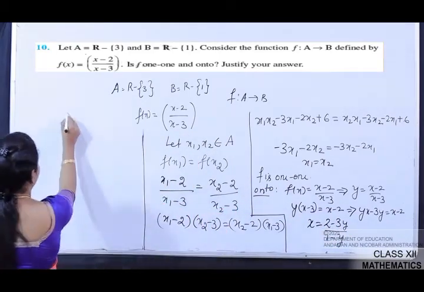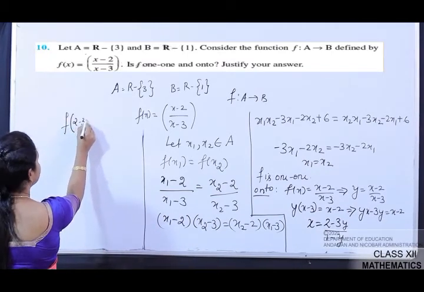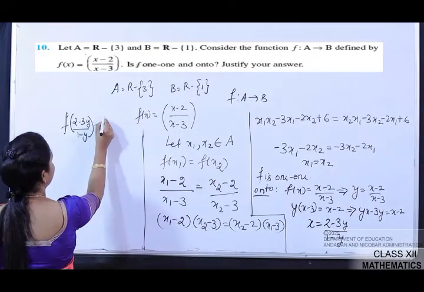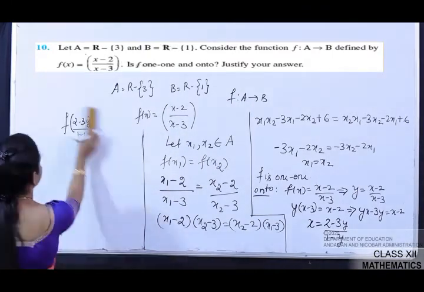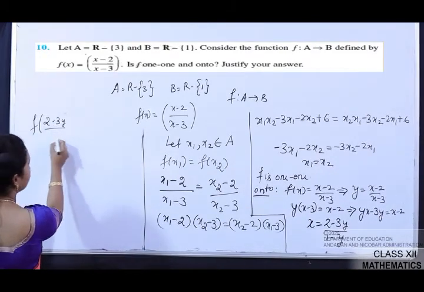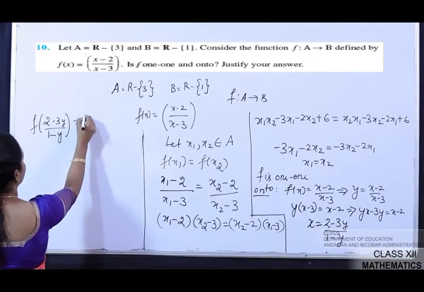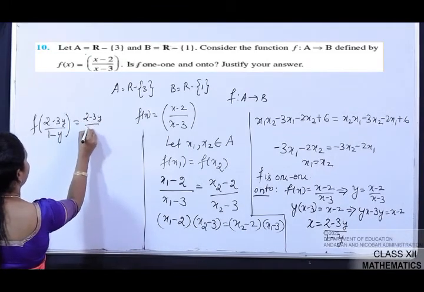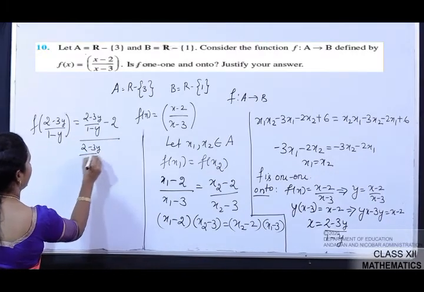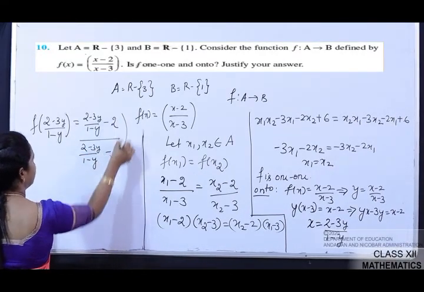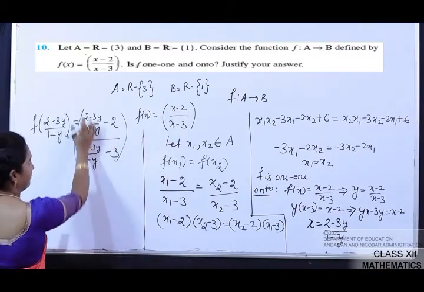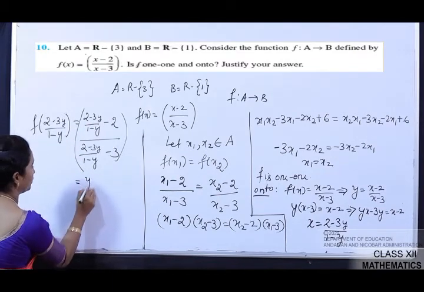So let's see f((2 − 3y)/(1 − y)), आप यहाँ पे क्या वैल्यू डालेंगे? f((2 − 3y)/(1 − y)) = ((2 − 3y)/(1 − y) − 2)/((2 − 3y)/(1 − y) − 3). Okay, when you simplify you have to put in place of x this value, and when you simplify you will observe that you are going to get y here.